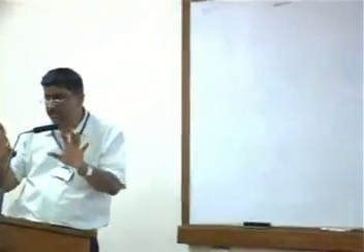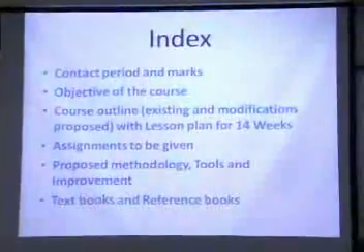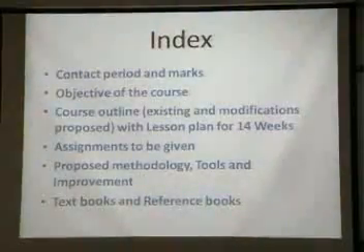Course outline, where the existing as well as the proposed modifications or suggestions, I have tried to put side by side so we can see the difference of where certain changes are recommended, and a lesson plan for 14 weeks distributed amongst the various class hours.